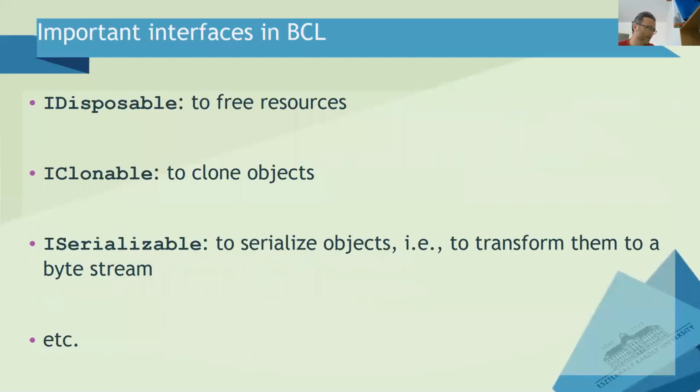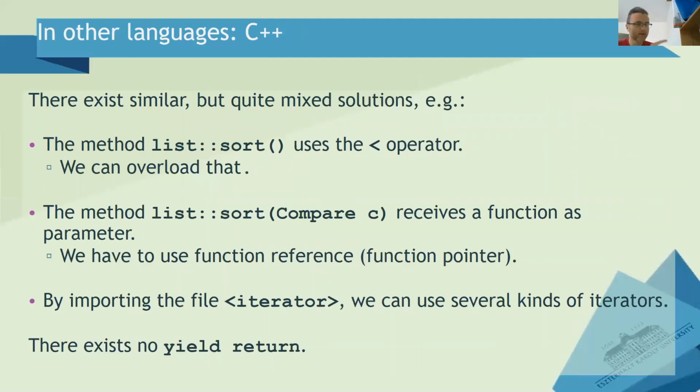In C++, the list class also has a sort method. If you want to apply it to your own class, your class has to overload the less than operator. We learned about operator overloading in C# as well a couple of lectures ago. So actually you have to apply operator overloading if you want to use this sort method, which is kind of interesting.